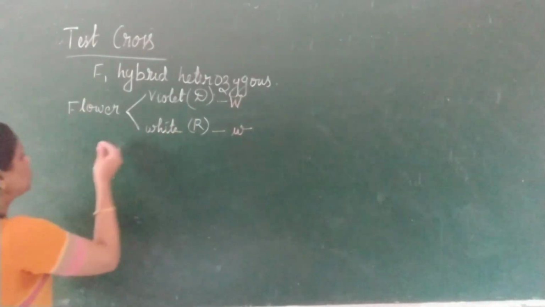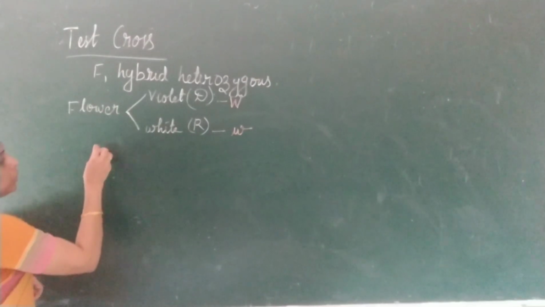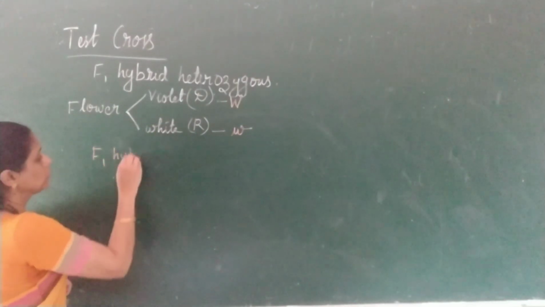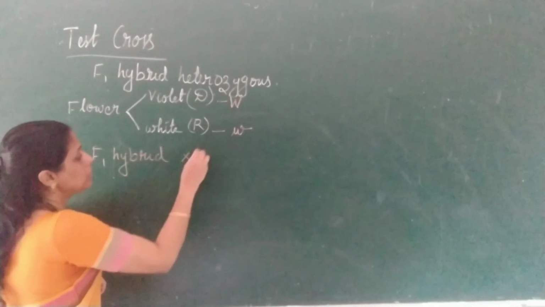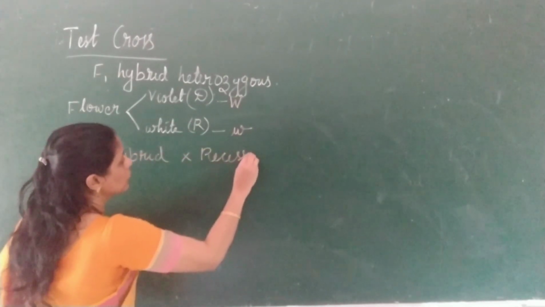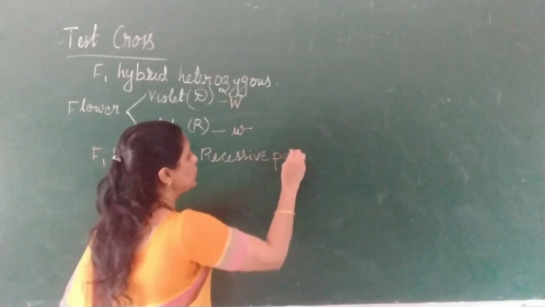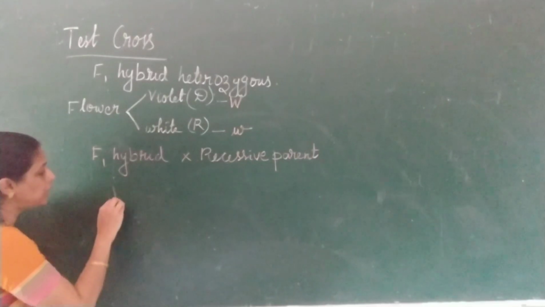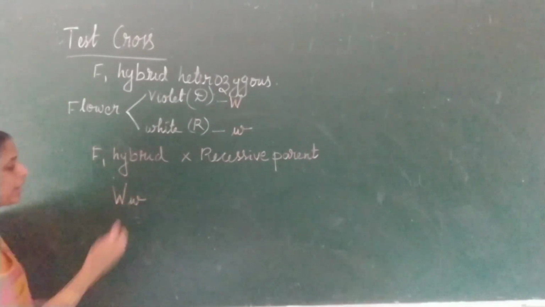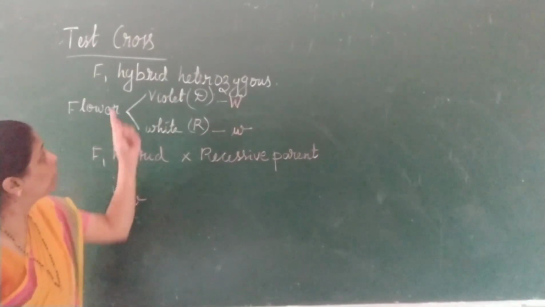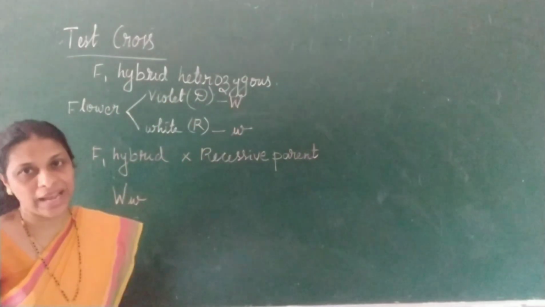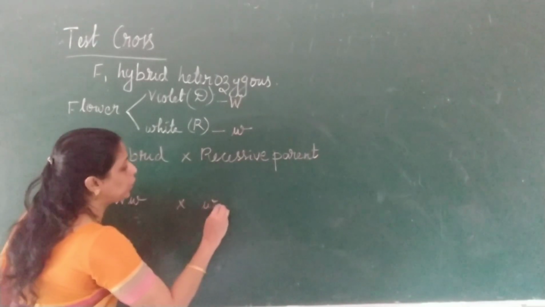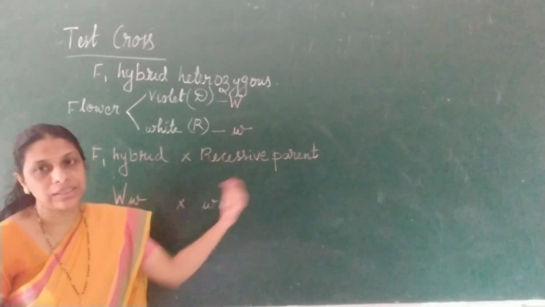Now, the F1 hybrid crossed with the recessive parent. So F1 hybrid will be what? Capital W, small w. Why am I taking capital W, small w? Because we are taking the condition as heterozygous. So capital W, small w cross small w, because it is the recessive parent.